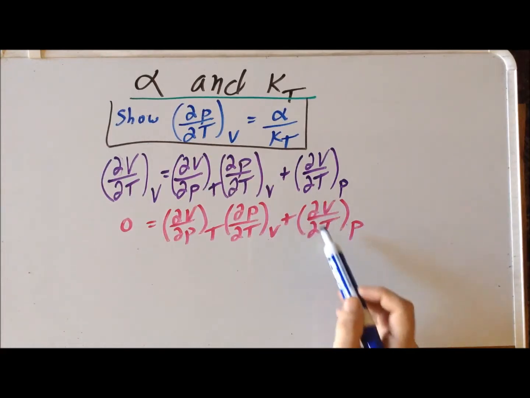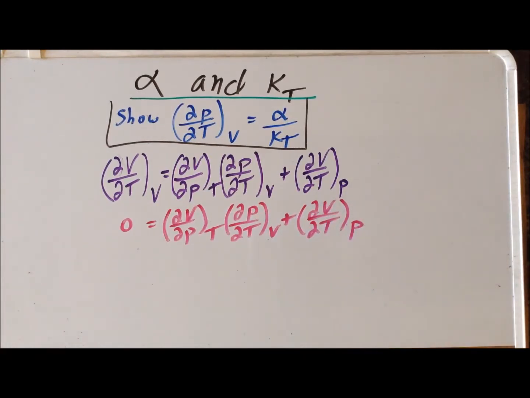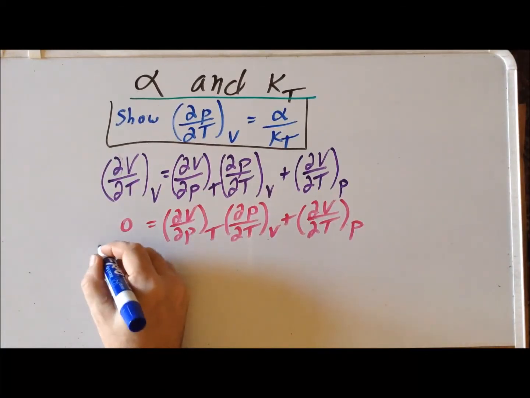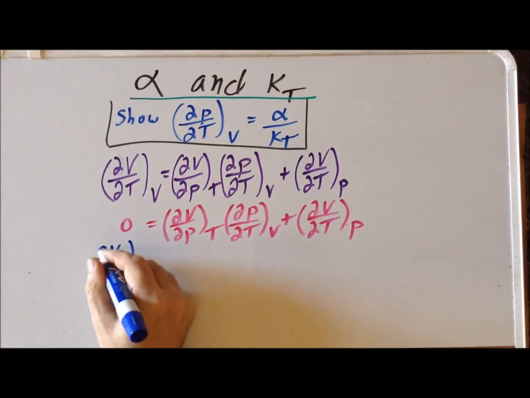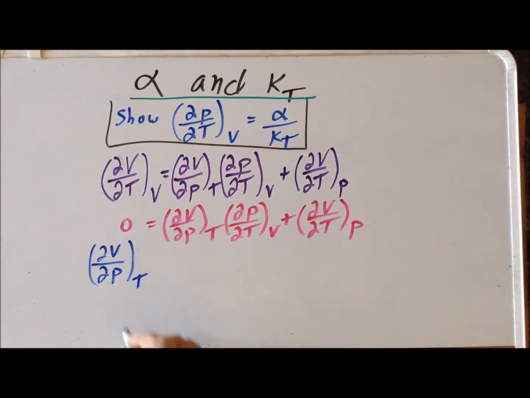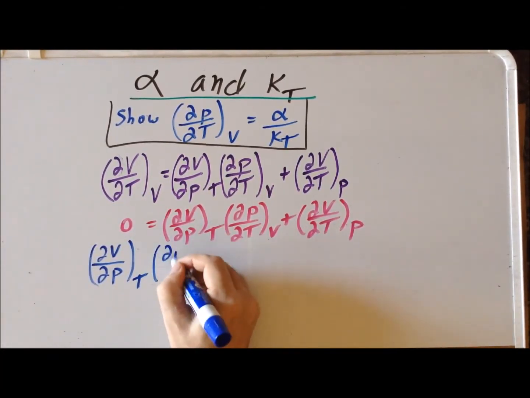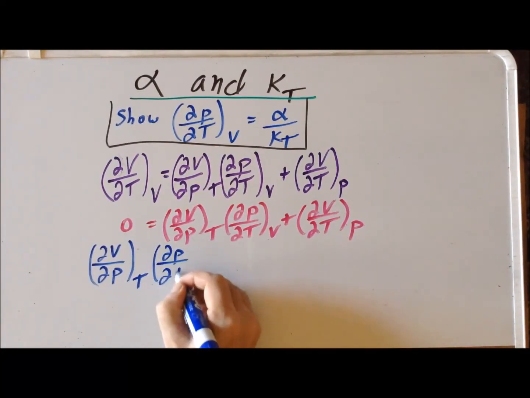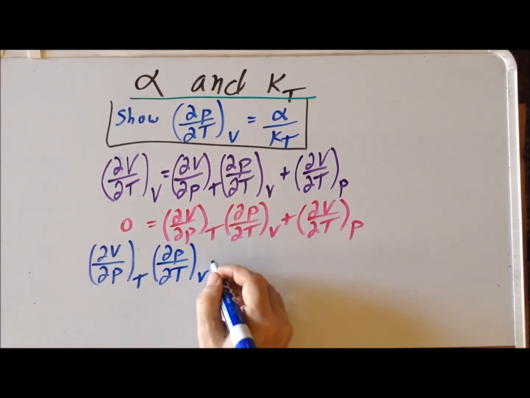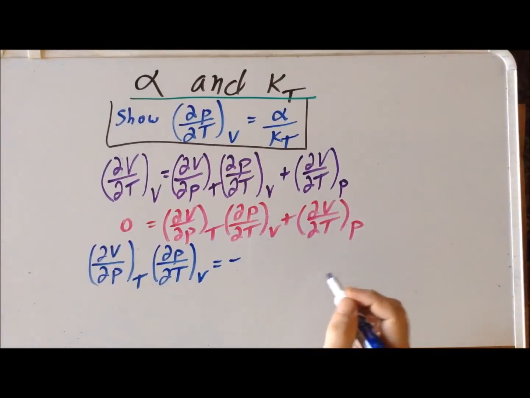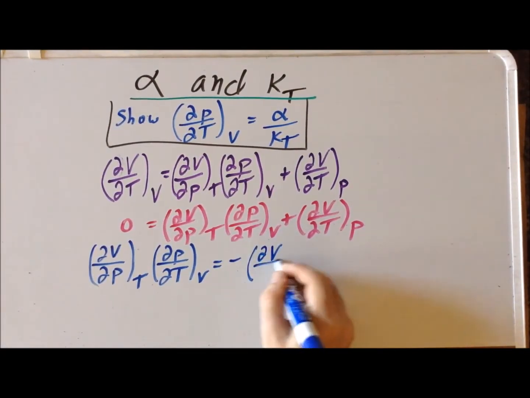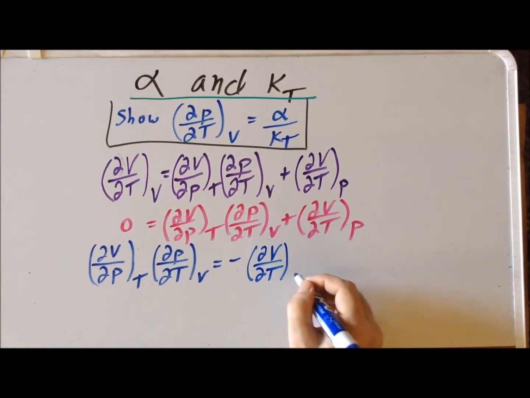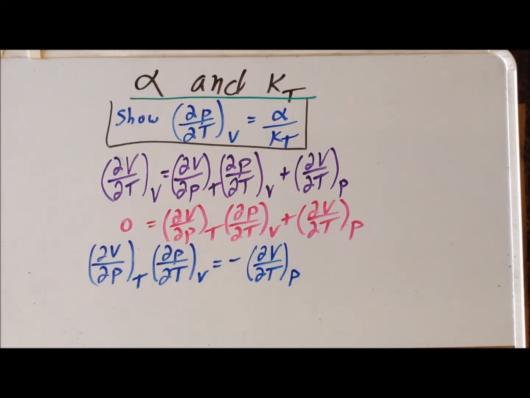Let's now subtract the partial derivative of V with respect to T at constant pressure from each side. That gives us on the left-hand side the change in the volume with respect to pressure under a constant temperature condition, times the partial of P with respect to T at constant volume, equal to minus the partial derivative of the volume with respect to the temperature under a constant pressure circumstance.